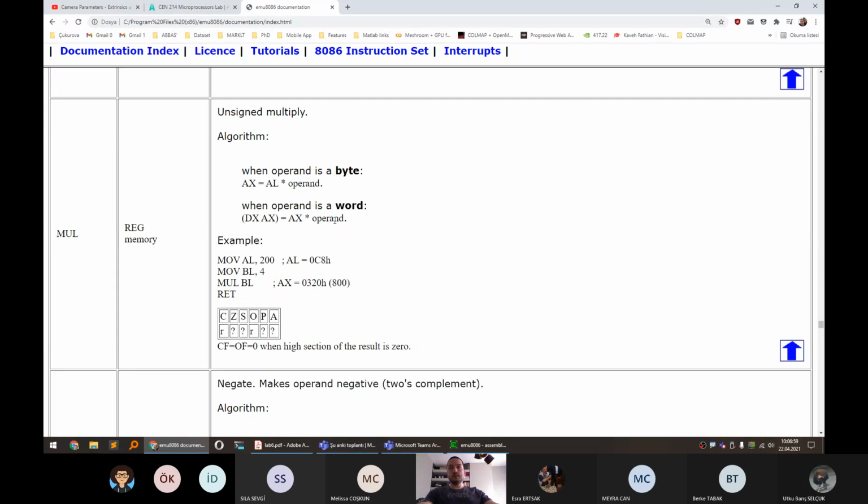When you multiply a 16-bit operand, which is a word operand, with AX, the result will be stored in the DX AX couple. The upper part of the result will be in DX, the lower part will be in AX.